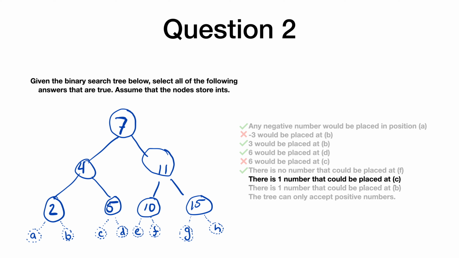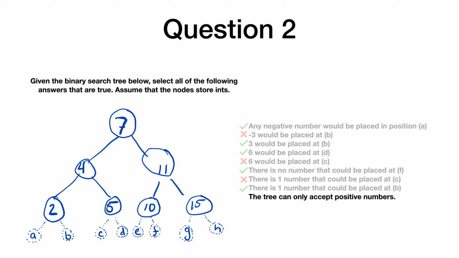There's actually nothing that can be placed at C. The next question asks, there's one number that can be placed at B. So at B, we have to be less than 4, but greater than 2. We already said up here that 3 would be placed at B, but is there a second number that can be placed at B? There's not, right? So only one number can be placed at B, and that number is 3.